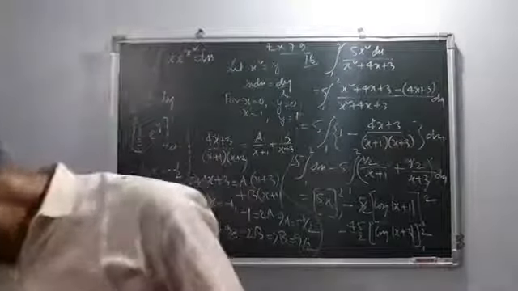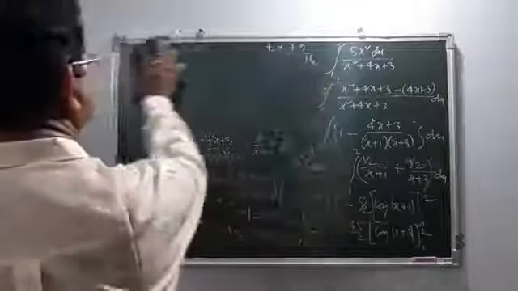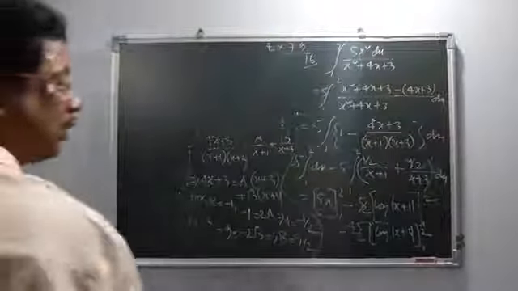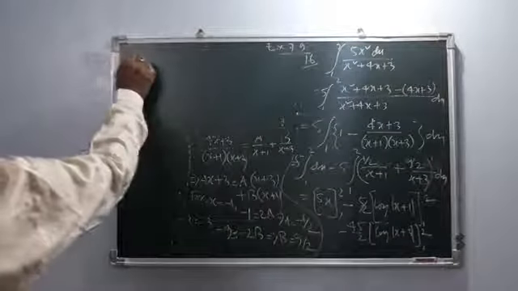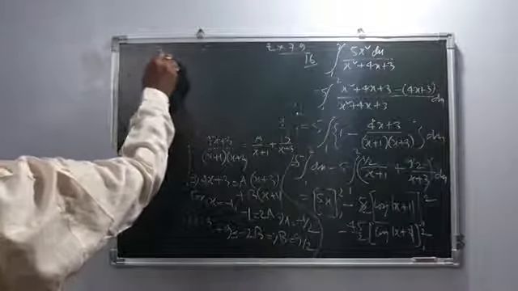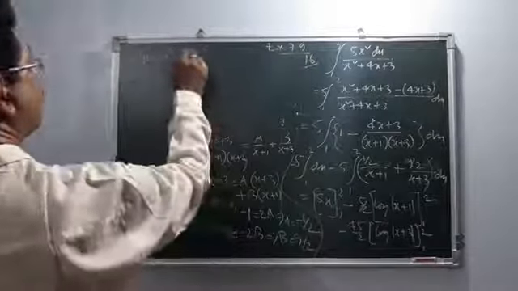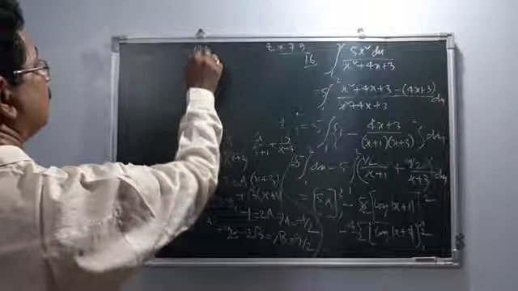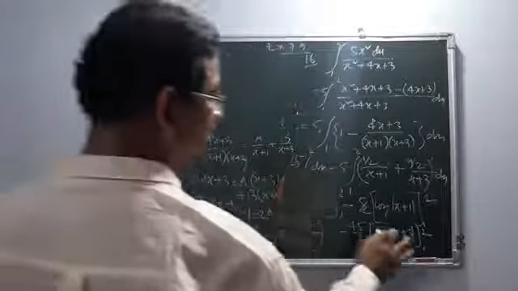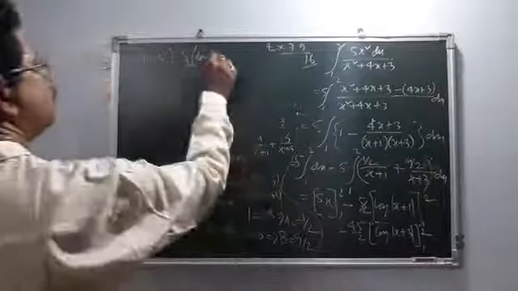So now from this step, if we want to write, 5 into 1 is 5, this is our first part. Second part: minus 5 by 2 log of 2 plus 1, that is 3, minus log of 1 plus 1, that is 2, so we can write this one.